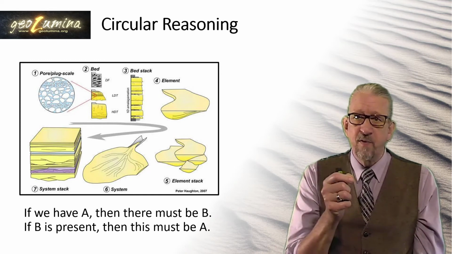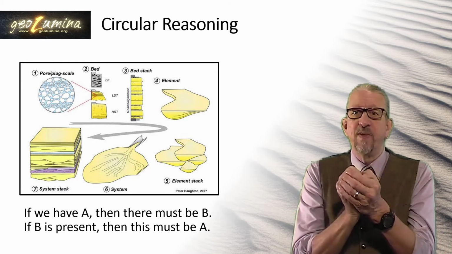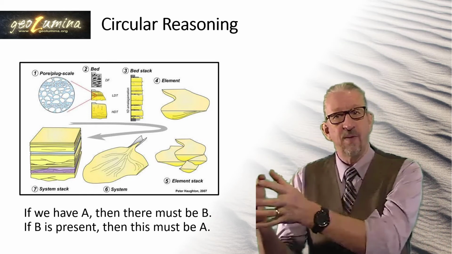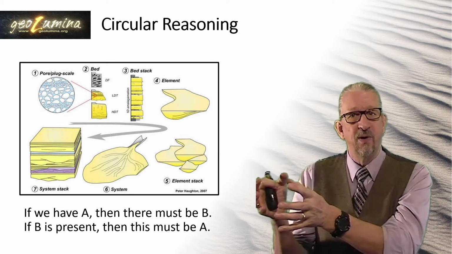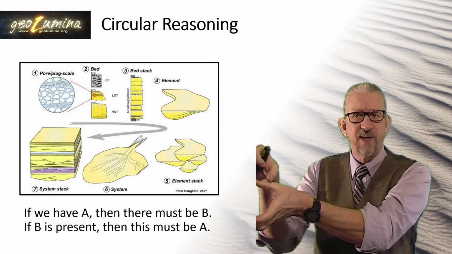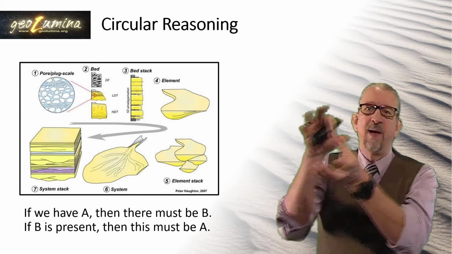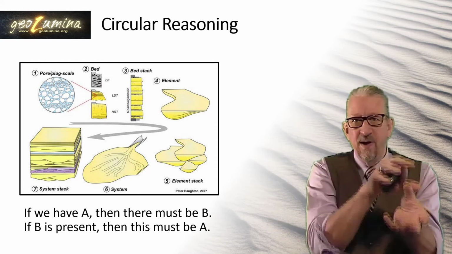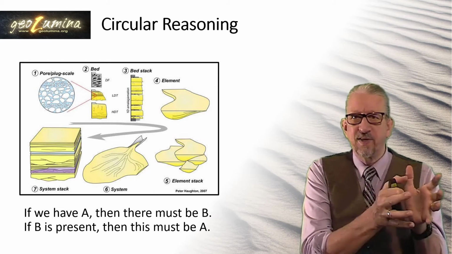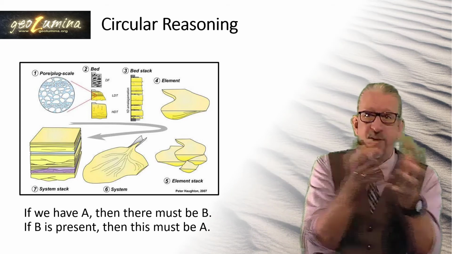But what I'm using it for here is that if you make an observation of something at a certain scale, then you can maybe predict that something exists at a larger scale. And if the thing at the larger scale is observed, then we should also be seeing another thing at the smaller scale. So we keep having these sort of circular reasoning arguments whereby we predict something should be here, and if this is here, then this should also be here.